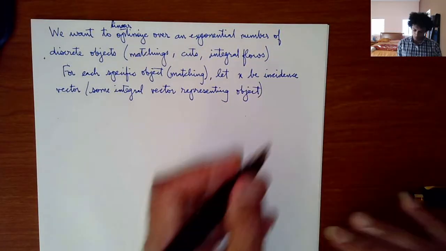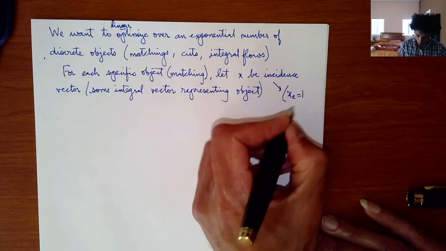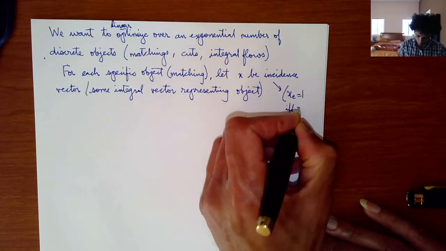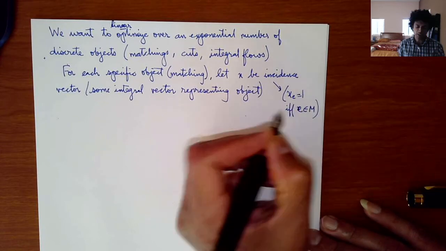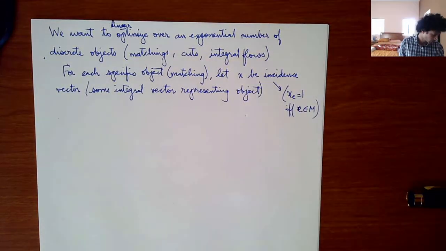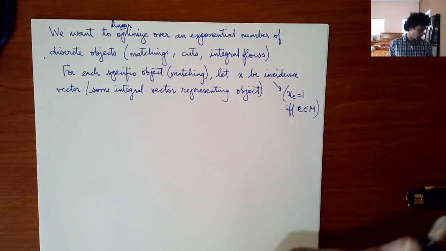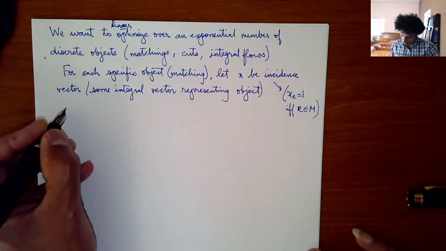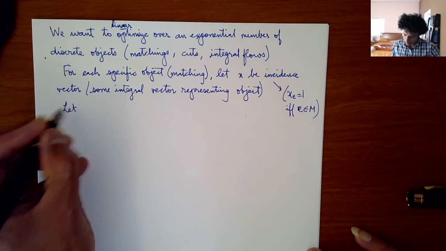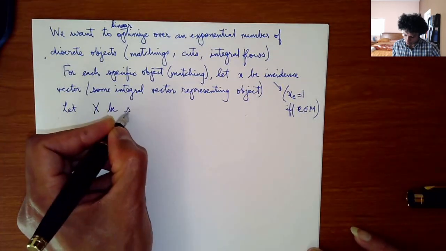The incidence vector here would have just been x_e equal to 1 if and only if e is in the matching, and 0 otherwise. Or if it's a flow, then you have the flow values. Let capital X be the set of points.